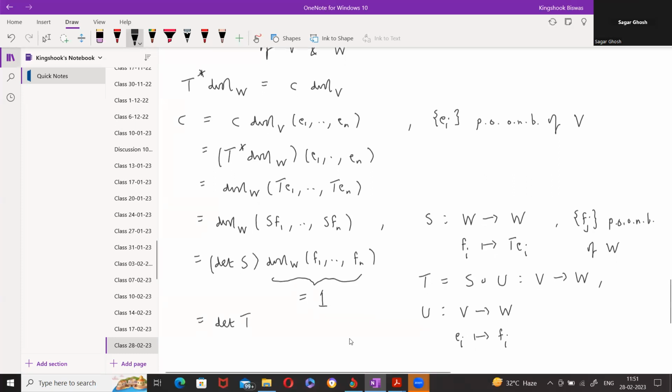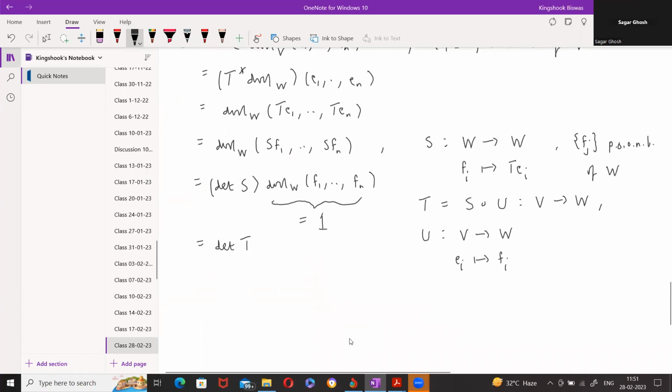Because T is equal to S composed with U, and U maps a positively oriented orthonormal basis to a positively oriented orthonormal basis.